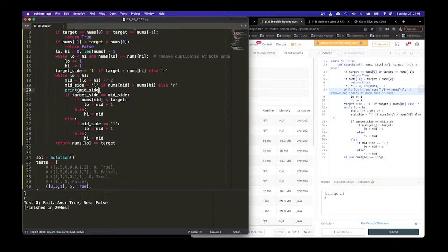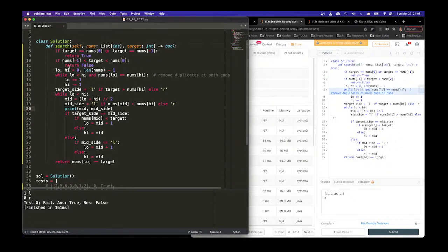Yep, mid side is wrong. I see. I see. These are different. I see what this is.